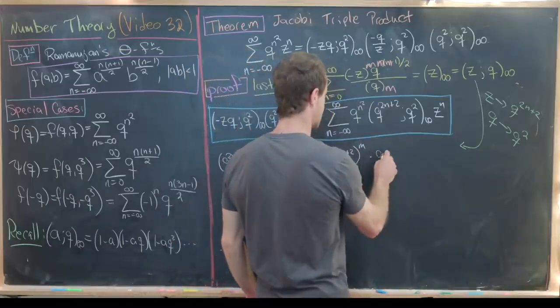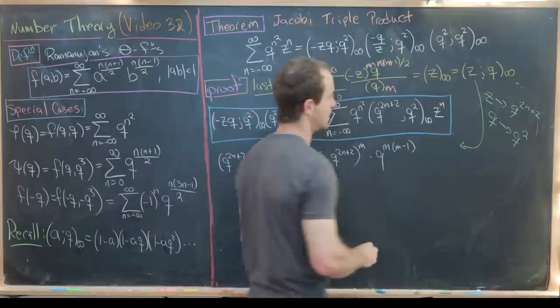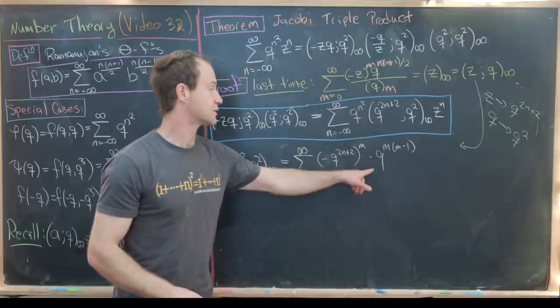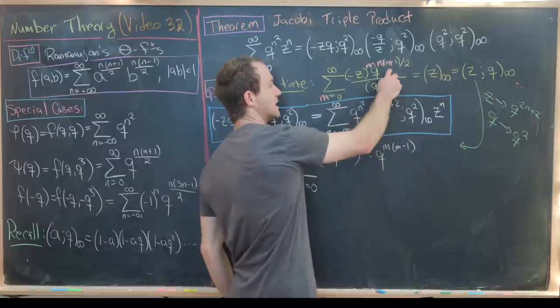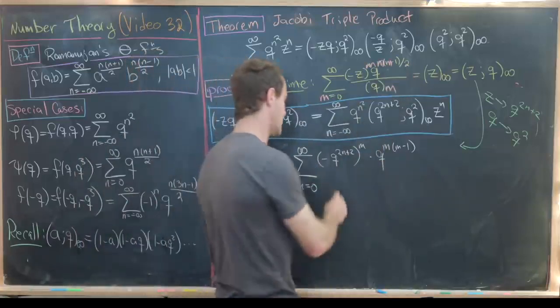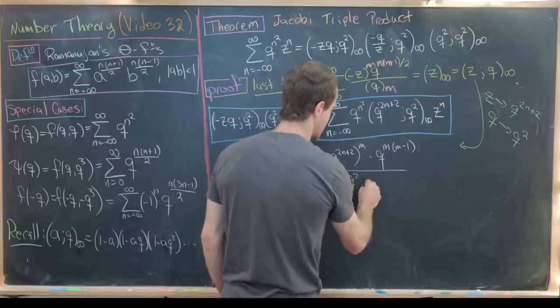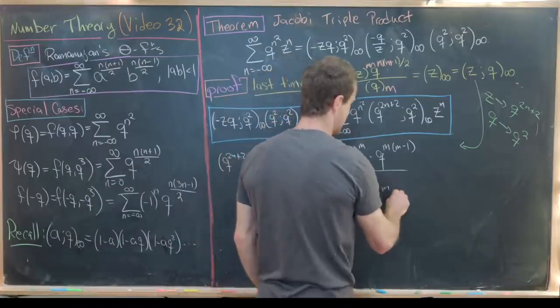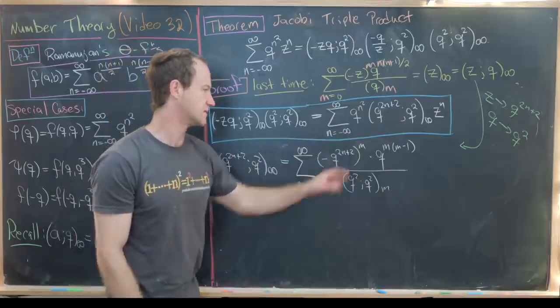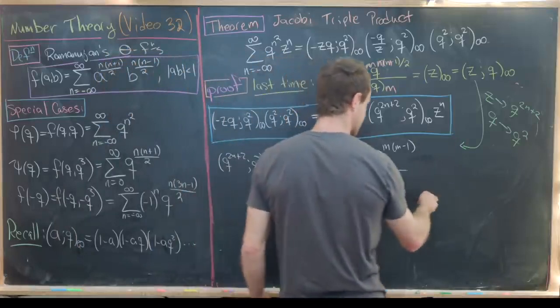So let's write that, q to the m times m minus 1 over 2, but notice we're replacing q with q squared, so that's going to kill this q in the denominator here. And then here we have this is all over q squared m. But now we can put the terms in this numerator together pretty easily. And let's see what that's going to leave us with.